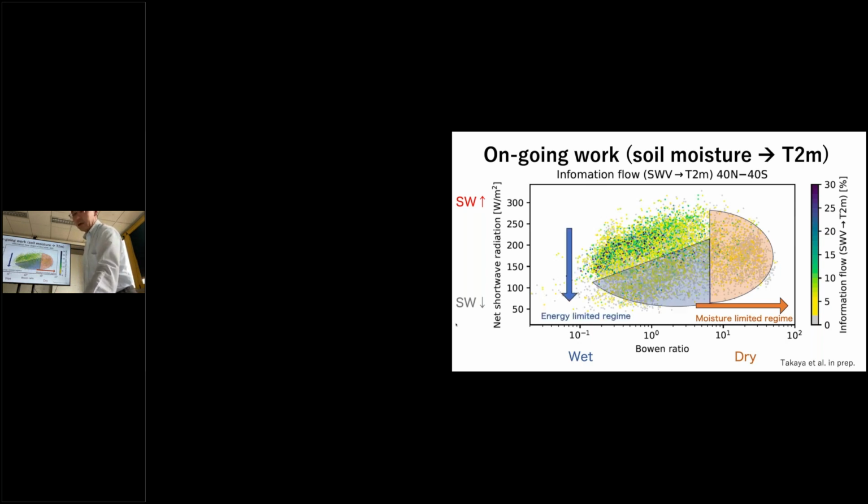And if we look at this part, from top to bottom, we see the gradient of the value. So in this region, actually we have less shortwave radiation, and in that region we have again a weaker influence of the soil moisture on surface temperature.